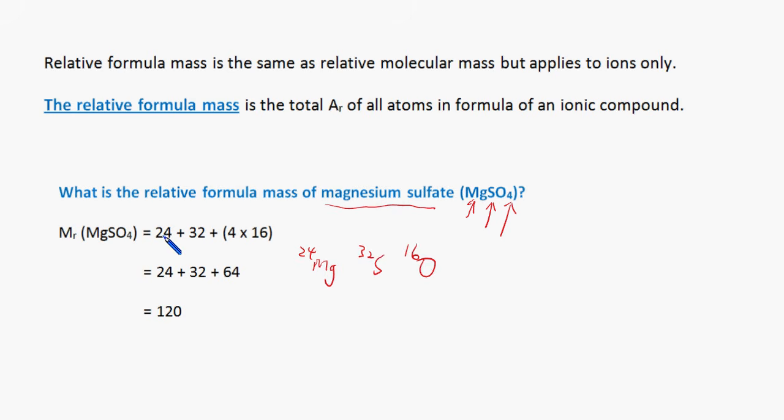So therefore, if we have one magnesium atom, it'll be 24, plus we have one sulfur atom, so it'll be 32, plus we have 4 oxygen atoms, so it'll be 4 multiplied by 16. So therefore, the relative formula mass will be 24 plus 32 plus 64, which gives us 120.